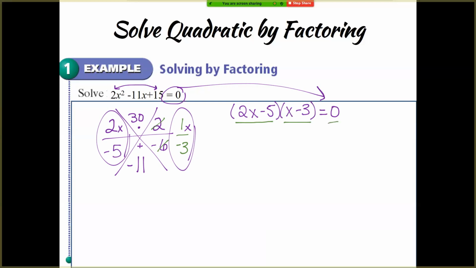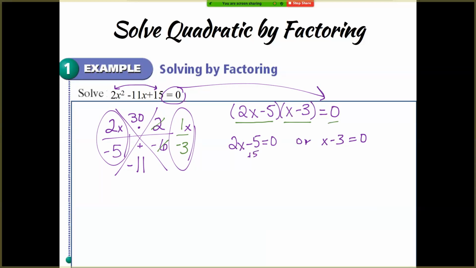So we know that one of these sets of parentheses must equal 0 by the 0 product property. So either 2x minus 5 equals 0, or the x minus 3 has to equal 0. So we're going to solve both of those for x to get our solution.